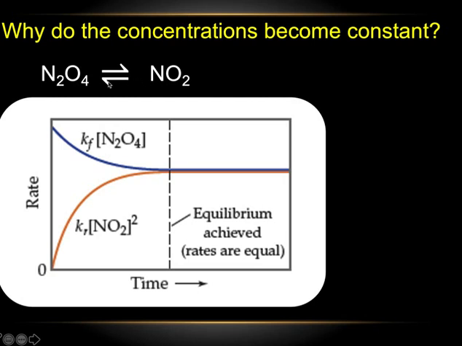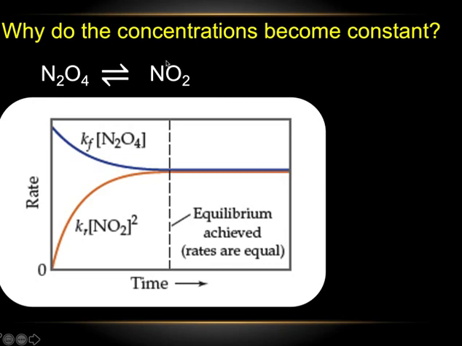Now since the concentration of N2O4 is fairly large to begin with, and NO2 was not there to begin with in the reaction, at time t equal to 0, there was no NO2. So as the reaction proceeds, more and more N2O4 gets consumed, so its rate of decomposition, that means the rate of conversion of N2O4 to NO2, decreases as a function of time. That's how it goes, the blue line over there.